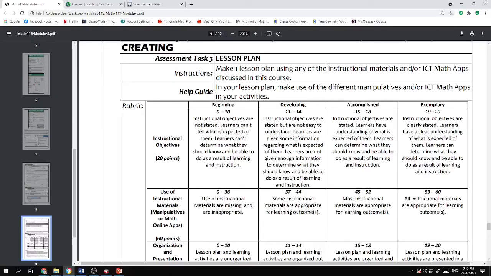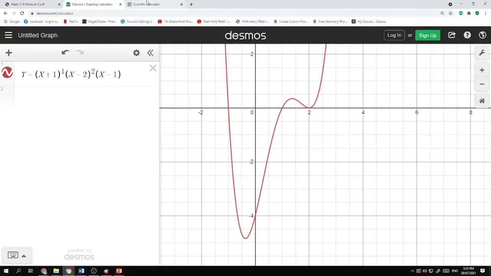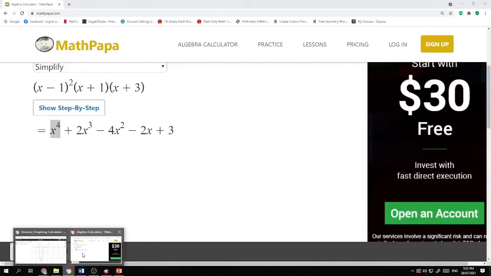Like for example, algebra tiles, colored counters when you have the lesson about integers, laws of exponents, and Math Papa or Photomath. Basta, as long as you use instructional materials, those manipulatives or ICT math apps like Desmos and Math Papa.